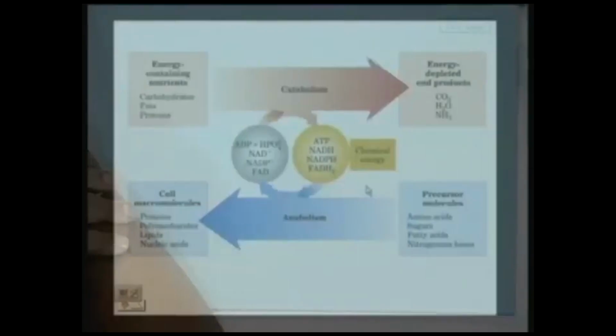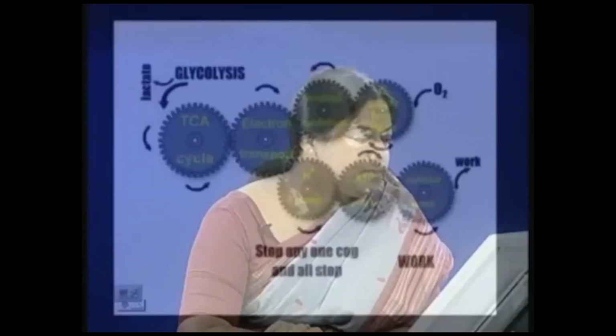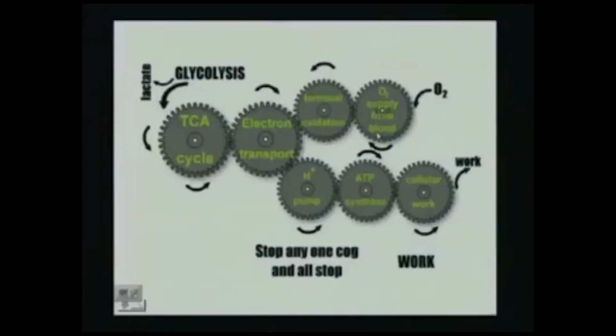If we look at the whole process, it is extremely interesting. It is like a gear system. We have the process of glycolysis, which we are going to study in our breakdown of glucose in the metabolism that we are studying. Glycolysis leads to the TCA cycle, which is the tricarboxylic acid cycle.